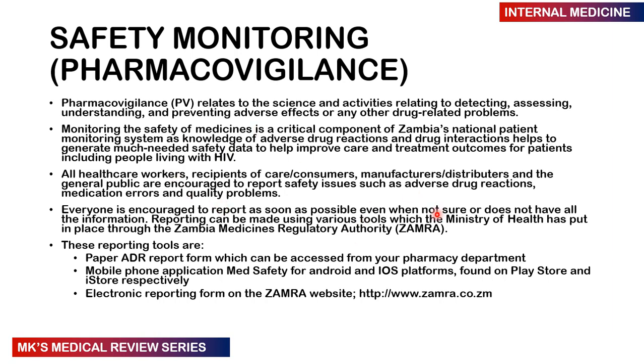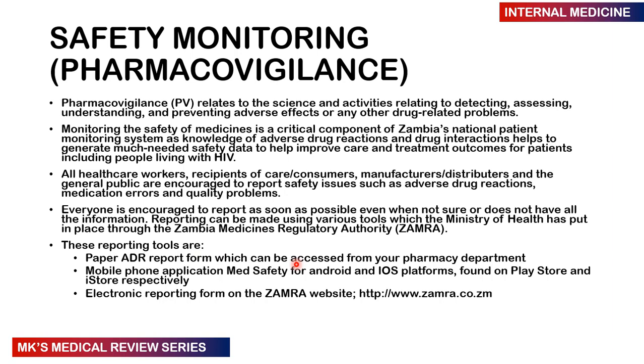When you're doing this reporting, there are many ways in which you can do this. You report to the Ministry of Health, which has put into place various systems through ZAMRA, the Zambia Medicine Regulation Authority. These tools are your paper adverse drug reaction report that you can fill in, which you can access from your local pharmacy department.